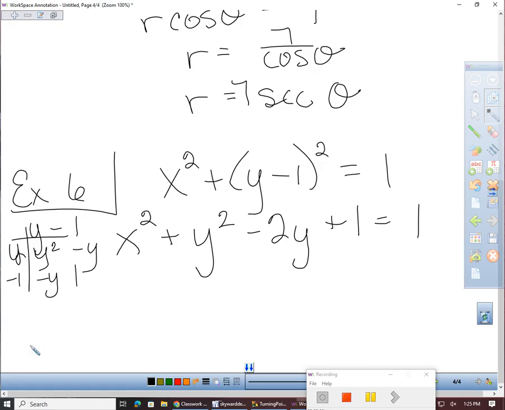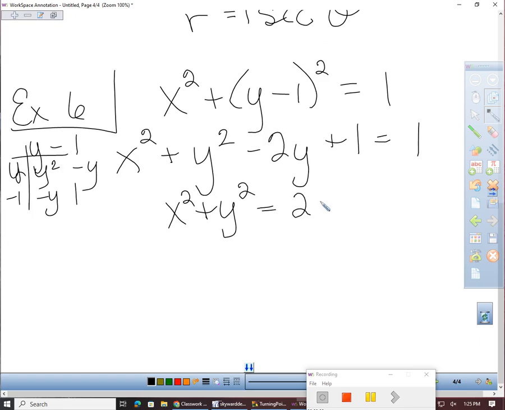So then I need to get x squared plus y squared all by itself. I'm going to keep x squared plus y squared on the left and move everything else to the other side. So I have 2y, and when I subtract 1 over, what happens to the 1 that's there? They cancel, absolutely.